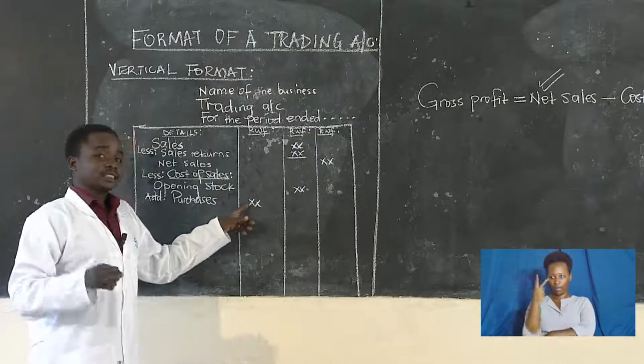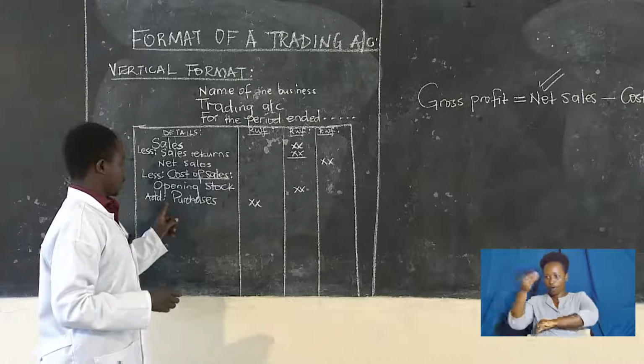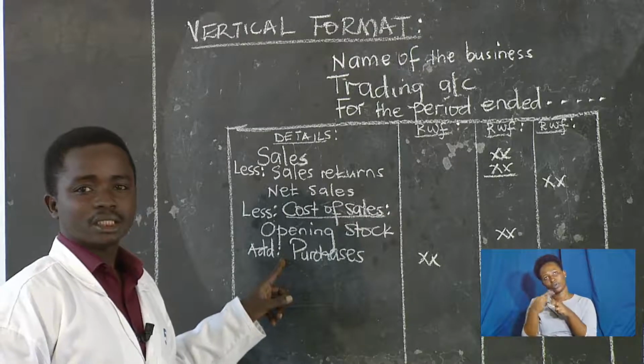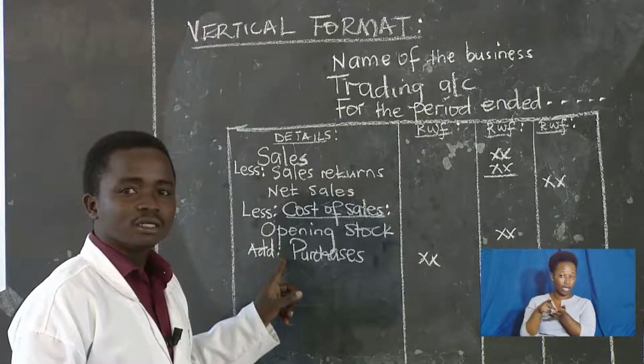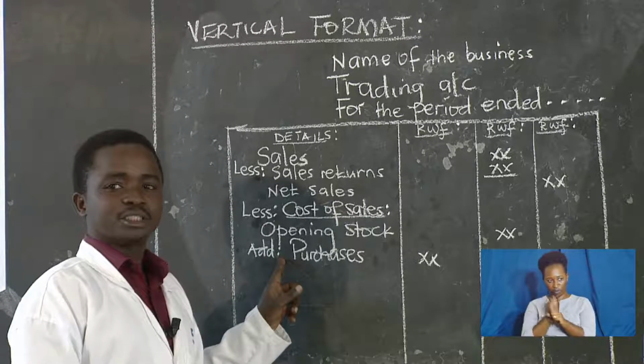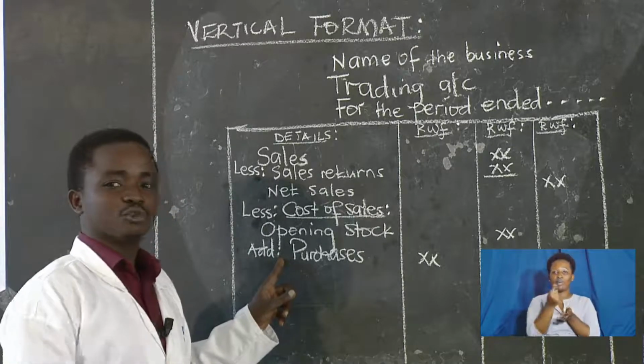We said the purchases are goods bought by the business for resale. And purchases may go with what you call direct expenses. You have bought goods from the town, and you are operating your business from maybe Kimirongo. In that case, you have paid some money to transport goods to Kimirongo.